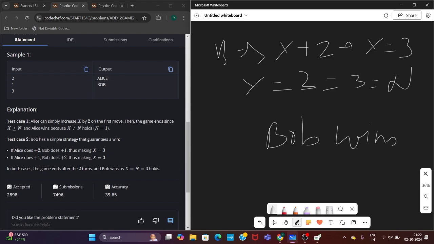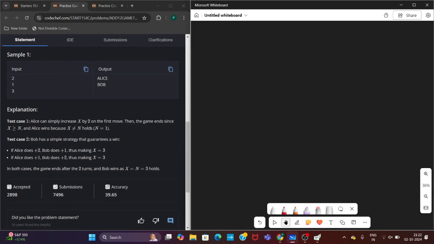So in this case also Bob wins. Let's take a simple example, say 6 as our number. First x is 0.